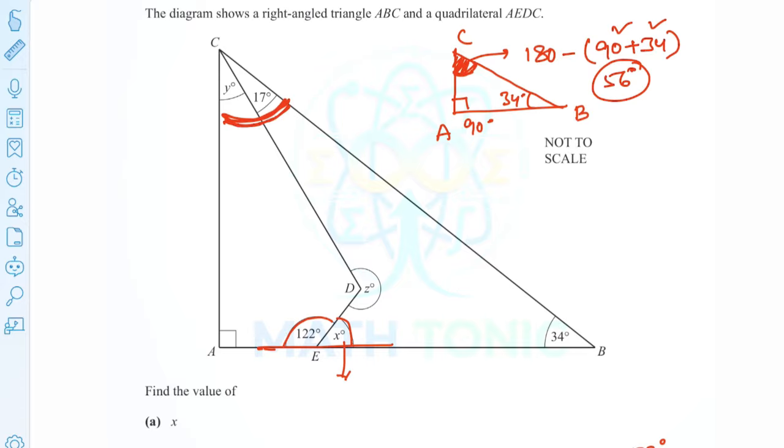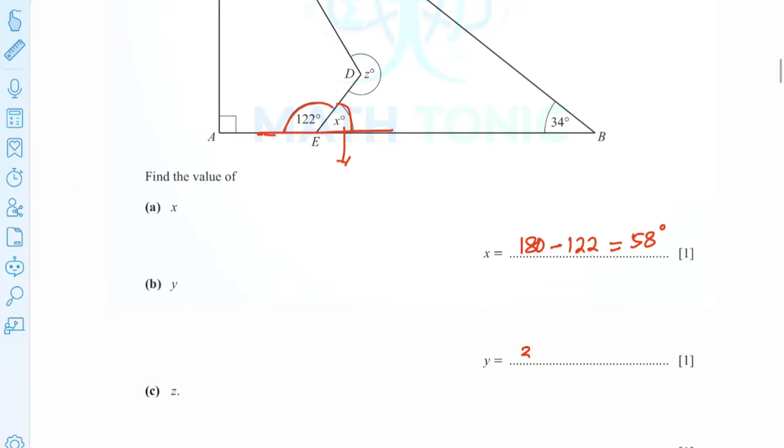These two angles add up to 56 degrees, out of which one angle is given, which is 17 degrees, right? So how to find the value of y? y equals 56 minus 17, that equals, if you subtract this, your answer should be 39 degrees. Did you get it? So angle y is 39 degrees.